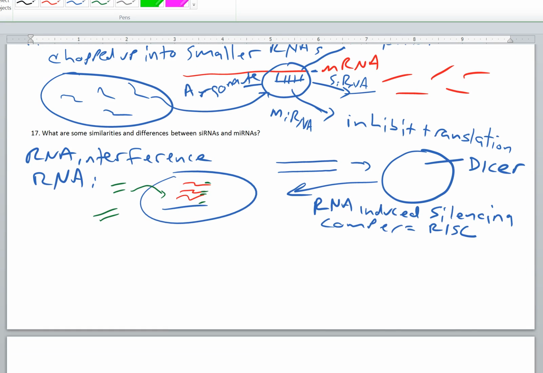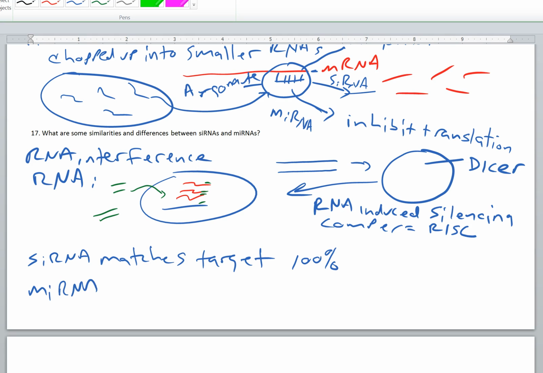And then the other difference is siRNAs match the target perfectly, and miRNAs match less perfectly. And then siRNAs cause mRNA degradation.